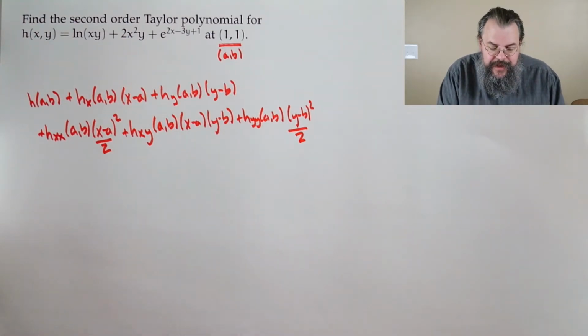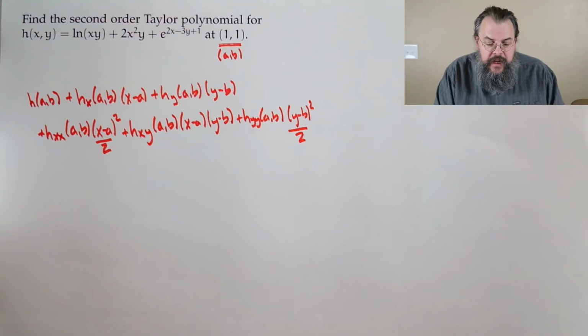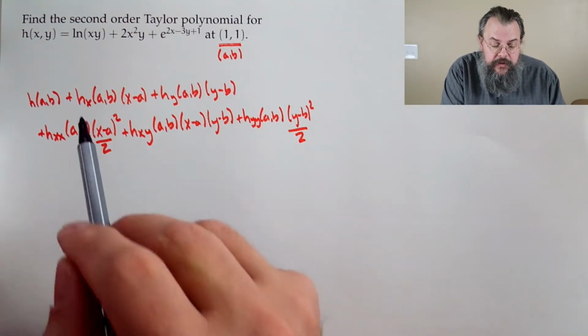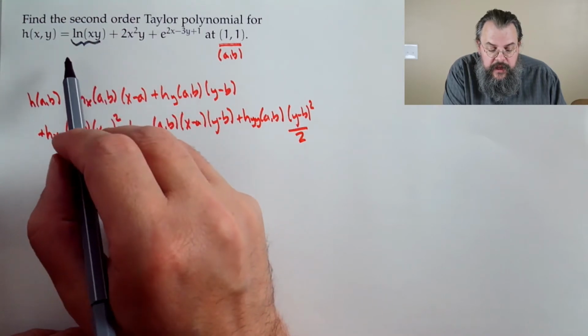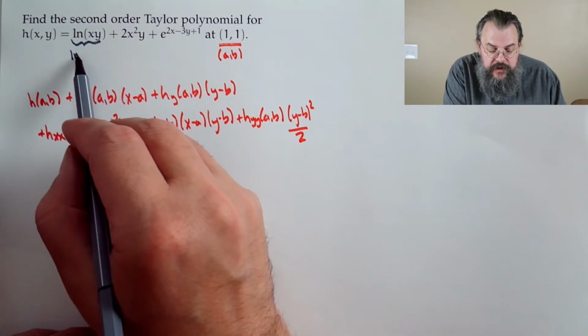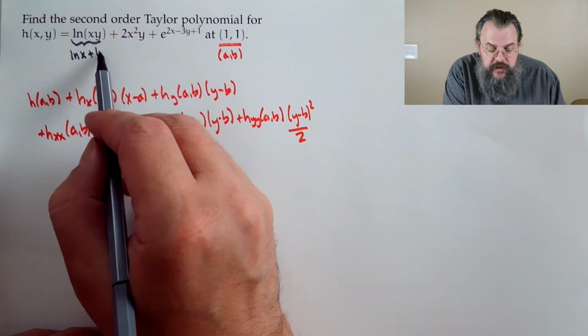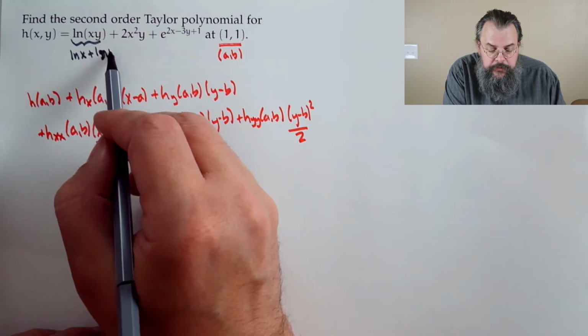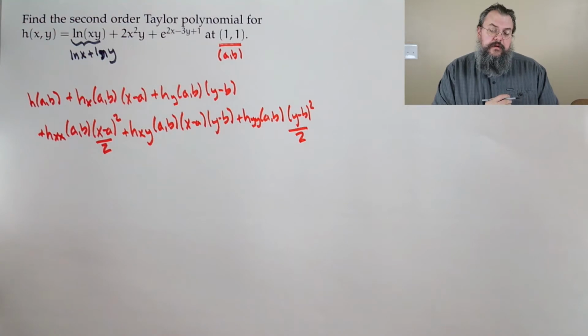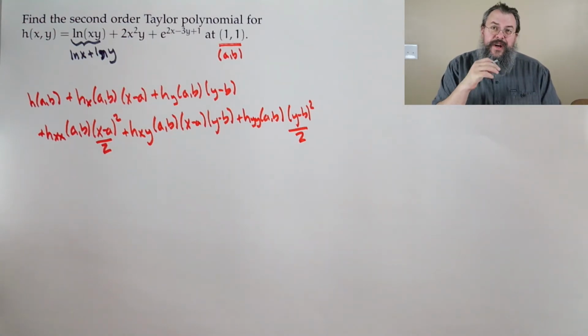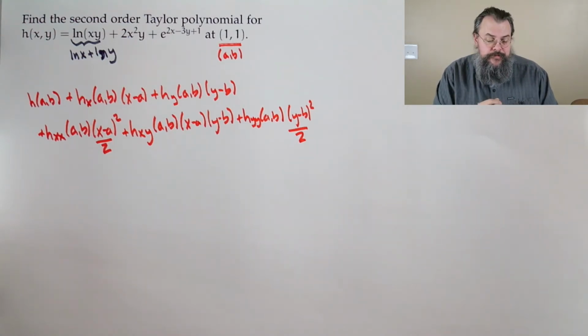So let's begin. Now, one thing we can do to make our life a little bit nicer is to say, if we wanted to, log of xy is the same as natural log of x plus natural log of y. So we could pull it apart. And so if we did that, it's just a little bit easier to keep track of what's happening.